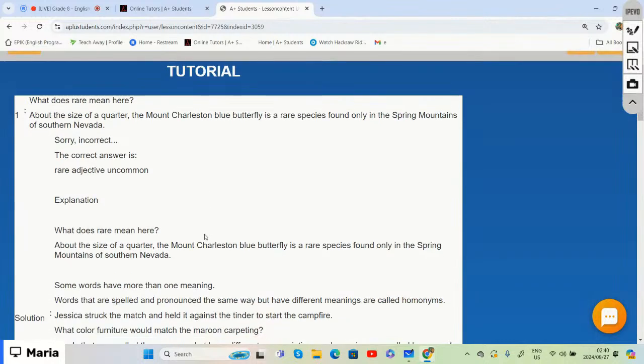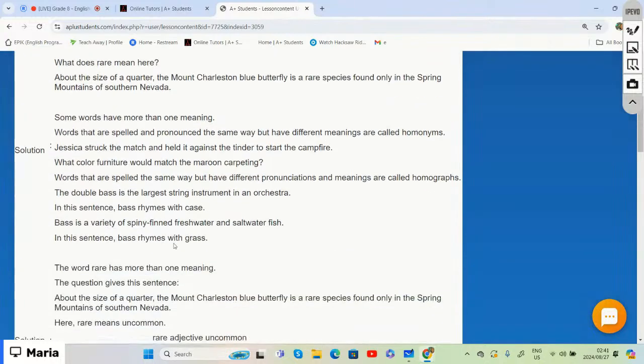So, rare, is it uncommon or is it to do with meat?